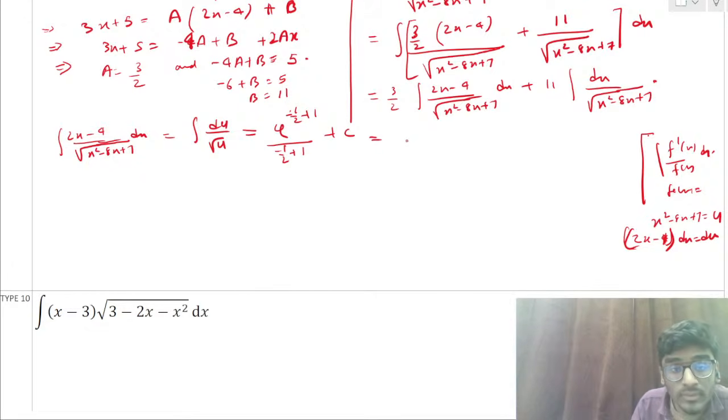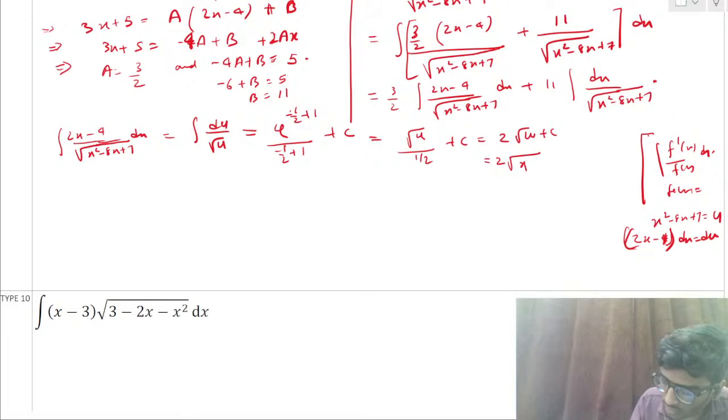That is under root u upon 1 by 2 plus c, so 2 under root u plus c. So we are left with 2 times under root x square minus 8x plus 7, plus c.